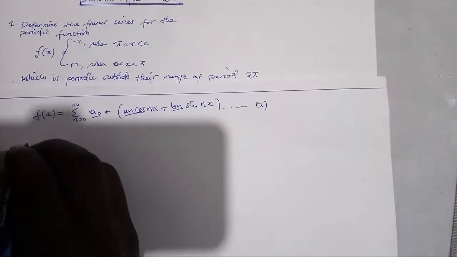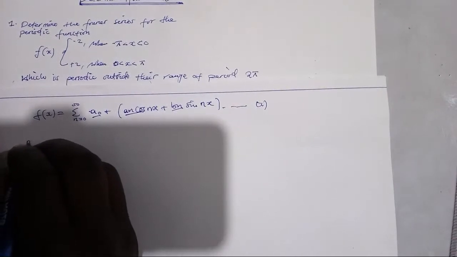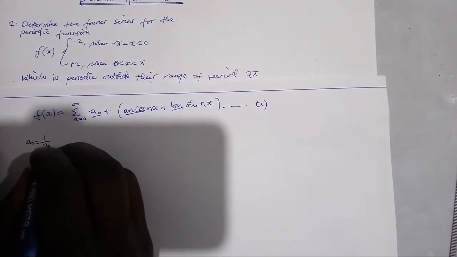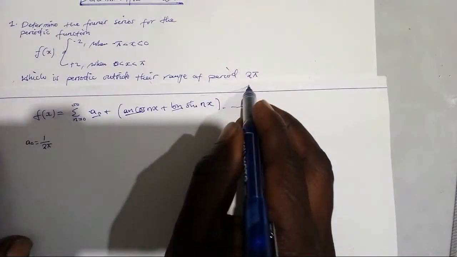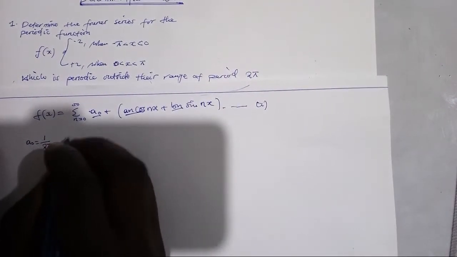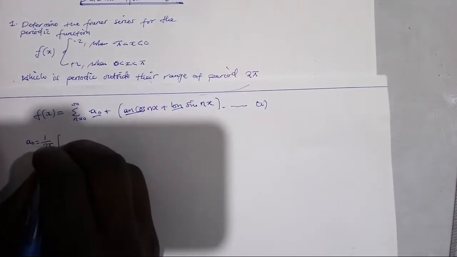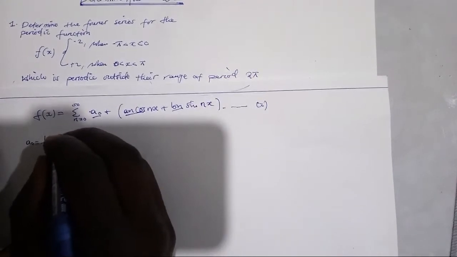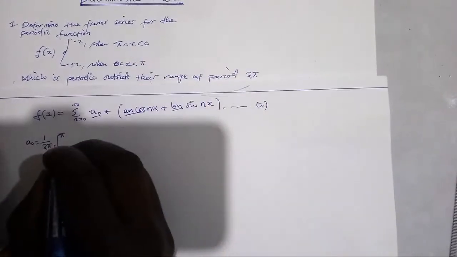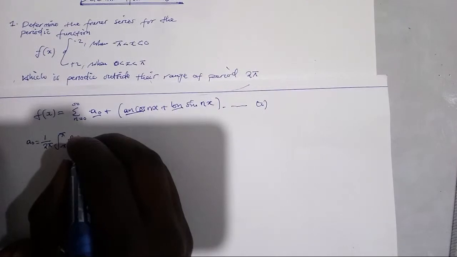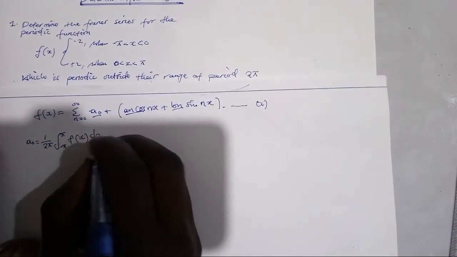A sub 0 should be equal to 1 over 2 pi, this is the range which we are given, 2 pi, then the integral from negative pi to pi of f of x dx.